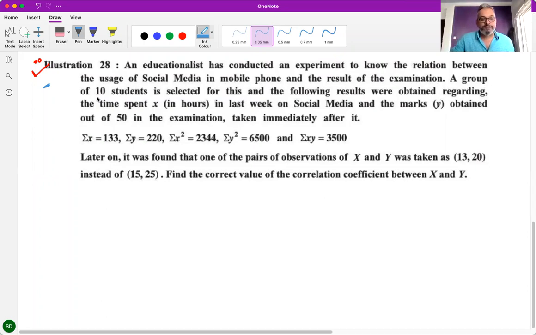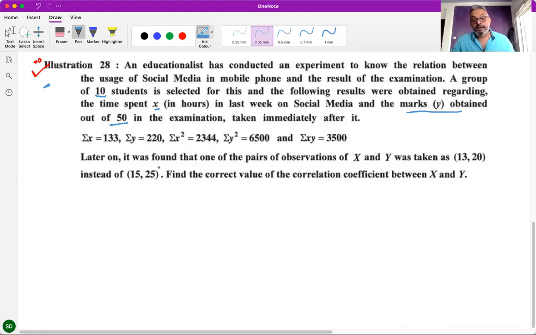A group of 10 students is selected for this and the following results are obtained regarding the time spent X in the last week on social media and the marks obtained out of 50 in the examination taken immediately after it. Sigma x, sigma y, sigma x square, sigma y square, sigma xy.